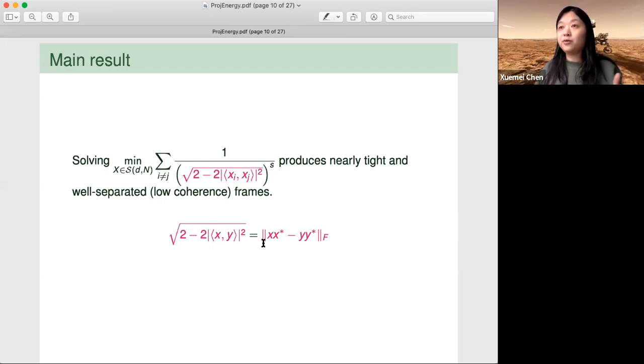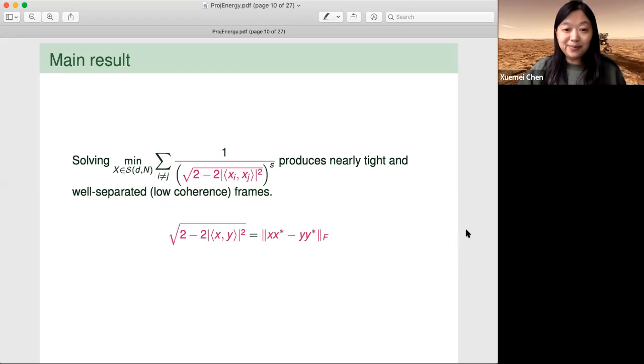In particular, if you do the embedding into the rank 1 matrices, then that would be the Frobenius norm. That would be one particular embedding of the projective space. So it's really just the distance between the lines to the s power. And hence it's a kind of Riesz energy.